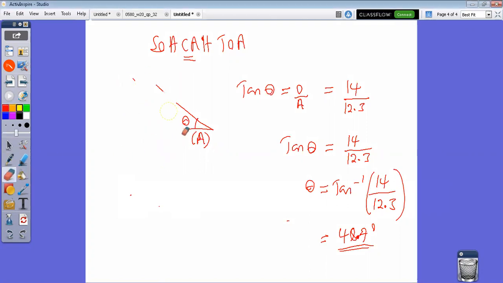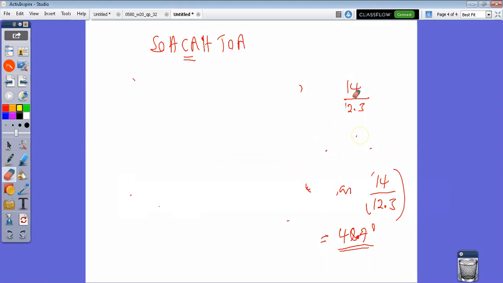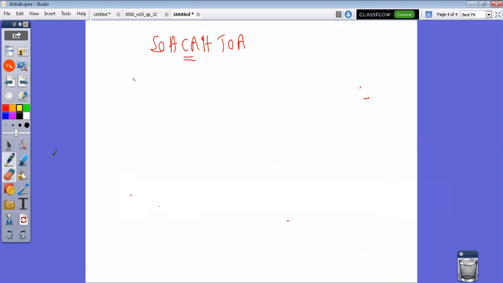So you see, the key is to remember this and to apply that. Then the rest of that part won't be difficult. Now let's look at something else before I show you how to find sides. I hope you're doing these examples as we are doing them together.